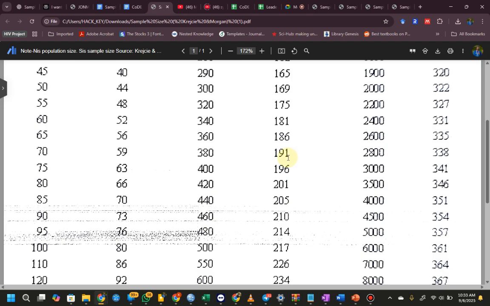So then we can use the representation of the 3,000, which is 341, to represent the entire population.